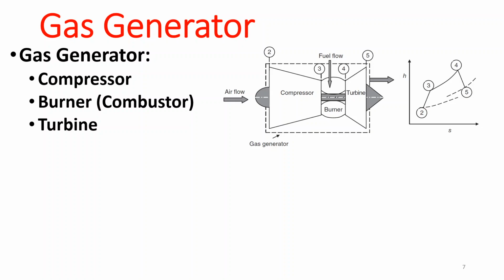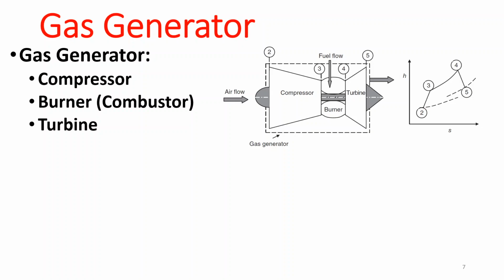Just think about it. What's going to happen in a compressor? What kind of a process do we have in a compressor? So when you say it is heating up, what does it mean for the process that is happening in a compressor? How many types of processes do we have in a thermodynamic cycle?